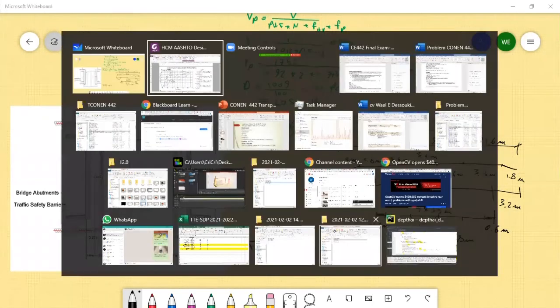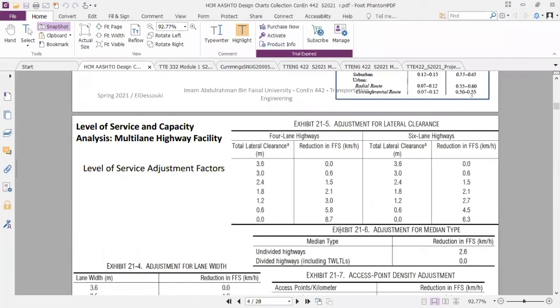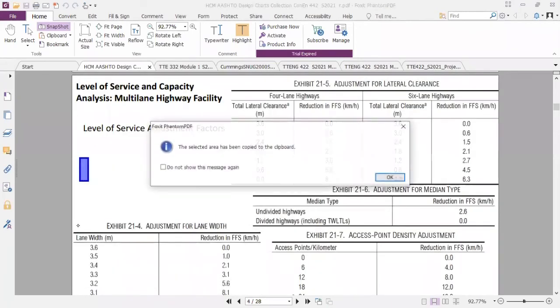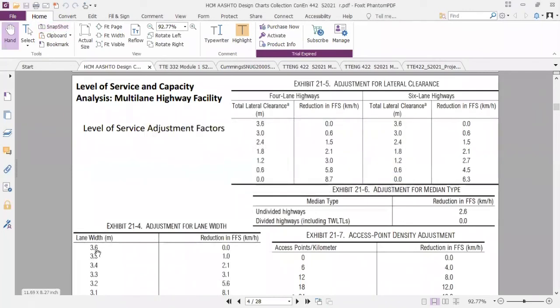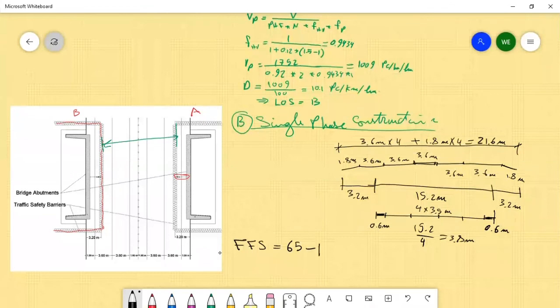If we go here and see for a lane width of 3.5, we have a reduction of 1 kilometer per hour. So we have minus 1, minus another adjustment factor, which is for the lateral clearance.